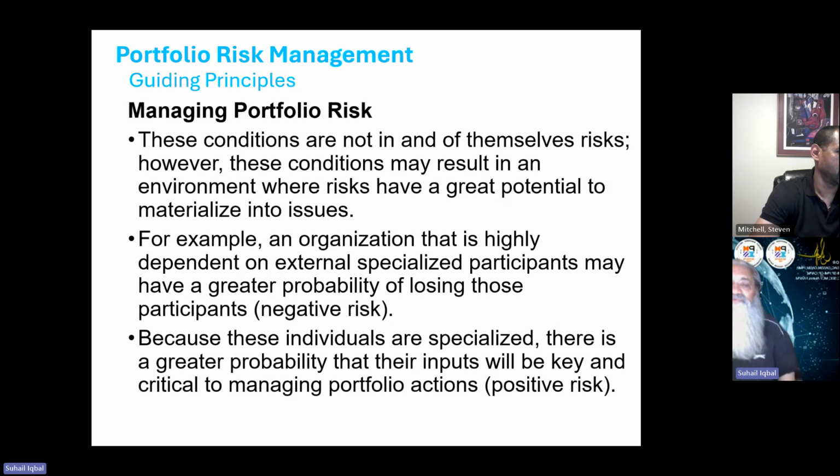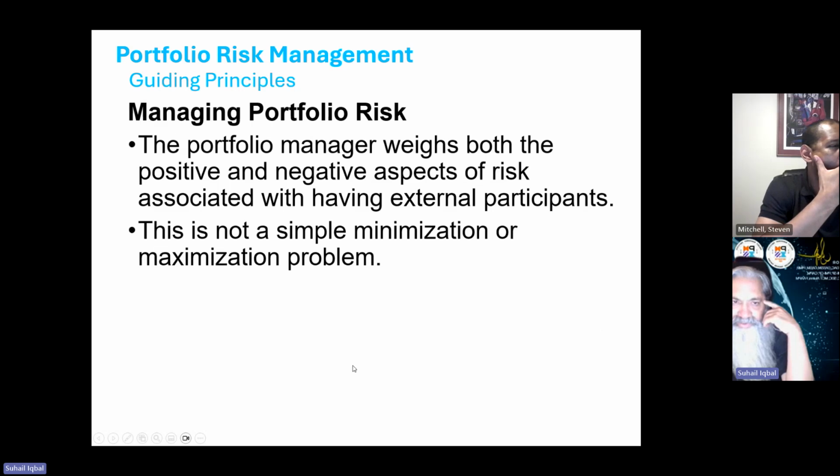So a very useful specialist you may likely lose any time in the project. That is a negative risk. Because these individuals are specialized, there is a greater probability that their input will be key and critical to managing portfolio actions. That is a positive risk.